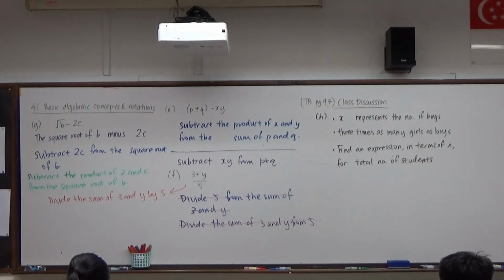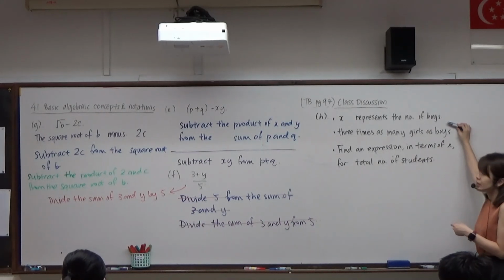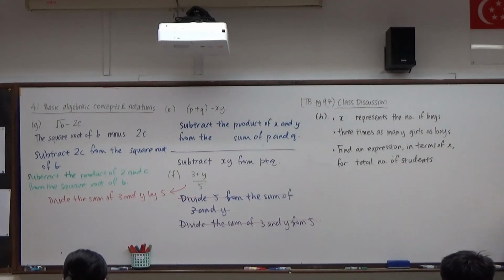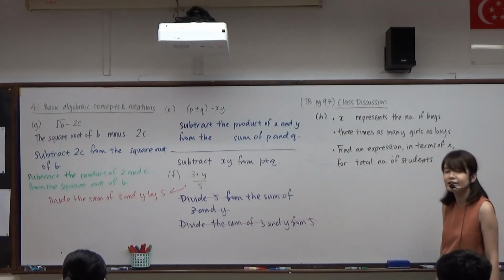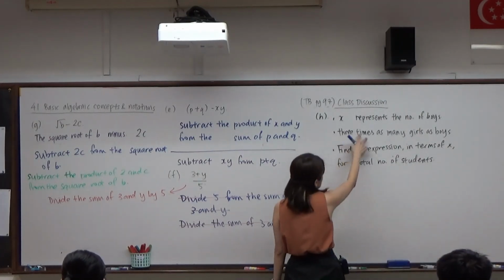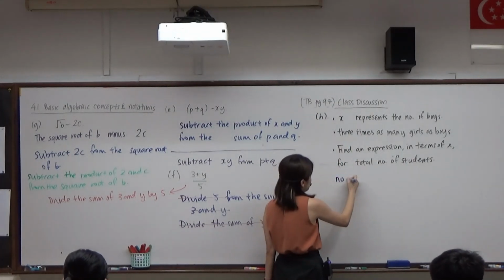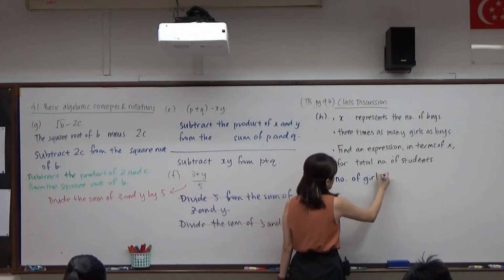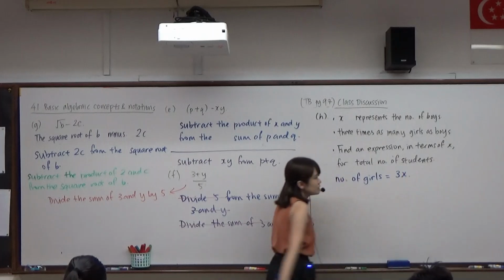Since we know that x represents the number of boys, how would we write the number of girls in the school? Yes, Ethan, fastest hand first. 3x, because it says 3 times as many, so the number of girls can be written as 3x.